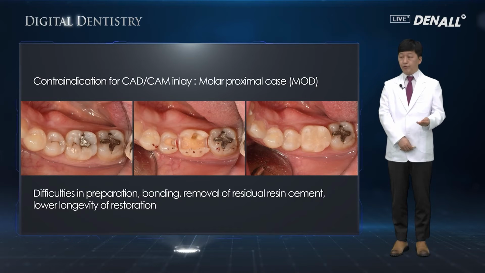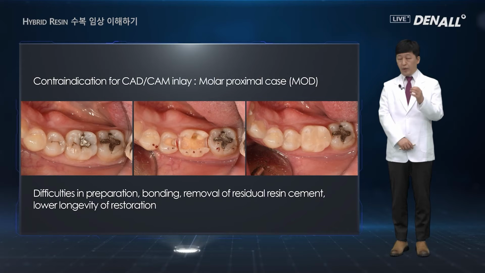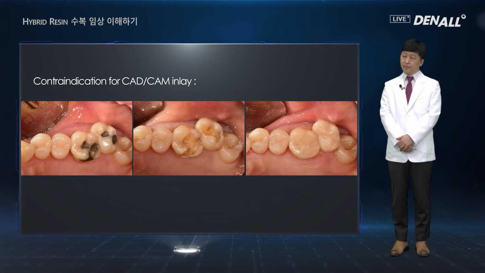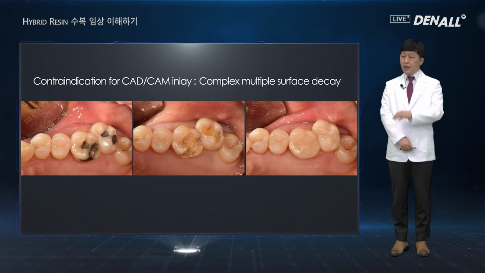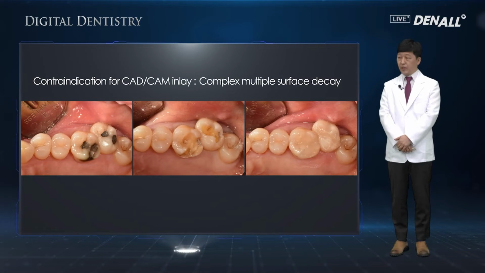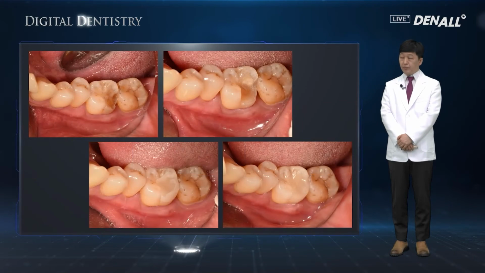The reason is because prep is difficult, as well as bonding, removal of residual resin cement, and in the case if occlusal force is very strong, lower longevity of restoration can result. Another contraindication is if there is multiple surface decay. It is not recommended, and I believe using crown would lead to better results.